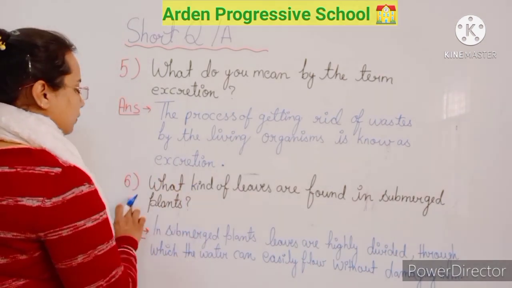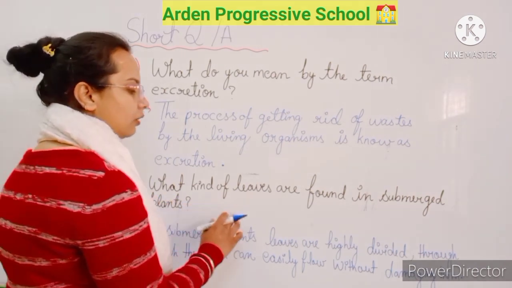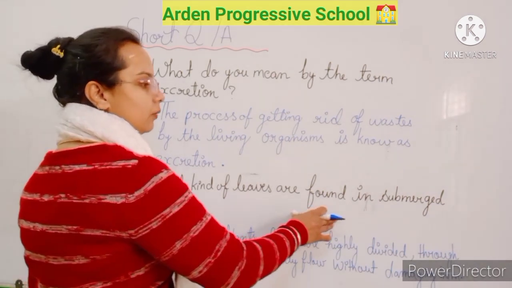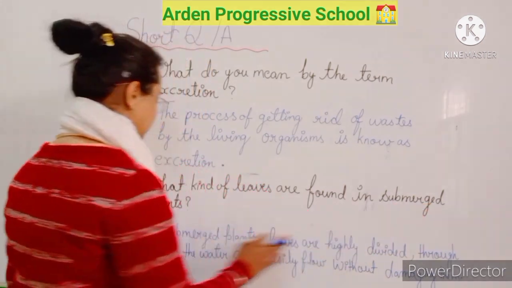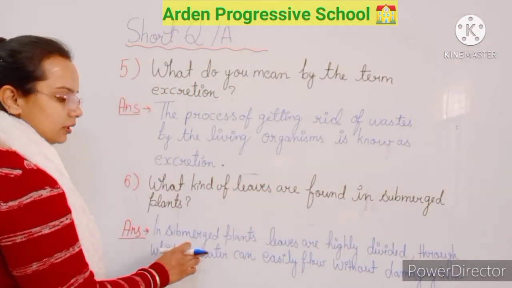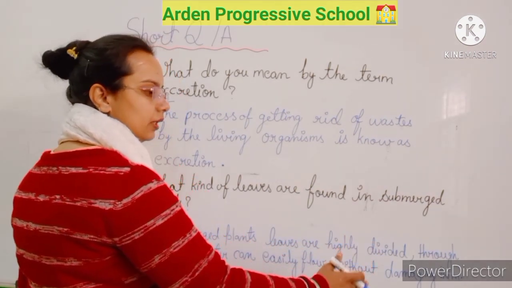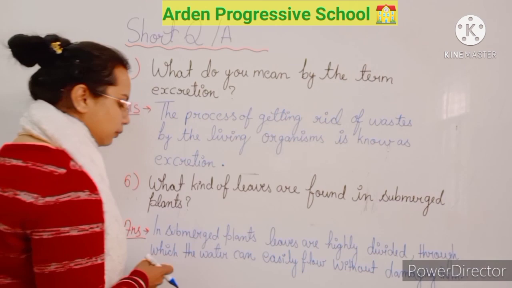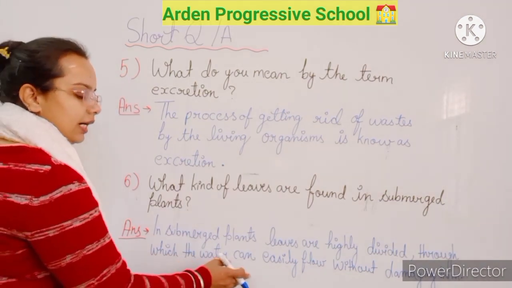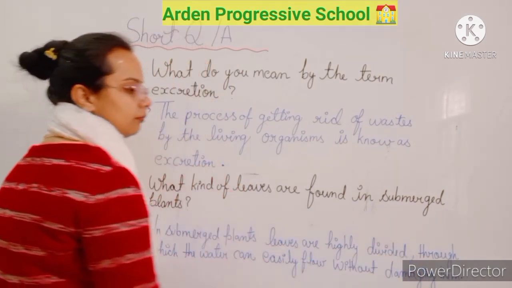Okay, now the next question is question number 6. What kind of leaves are found in submerged plants? So the answer is, in submerged plants, leaves are highly divided, through which the water can easily flow without damaging them.